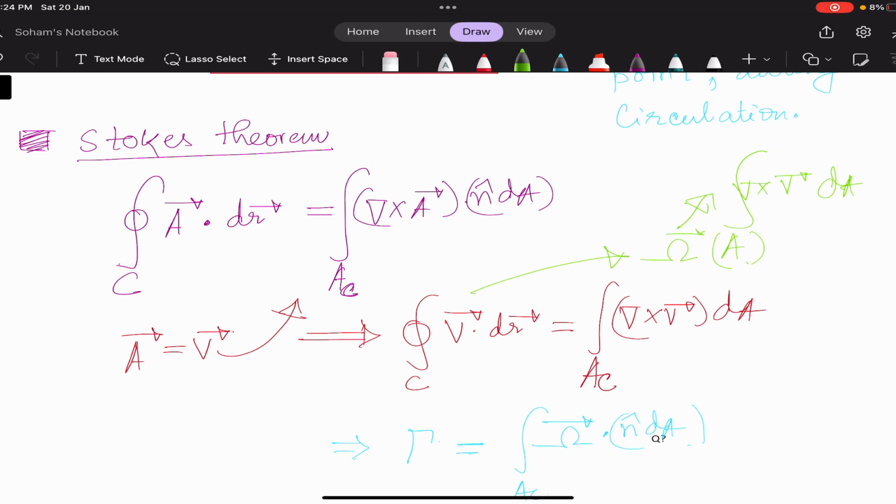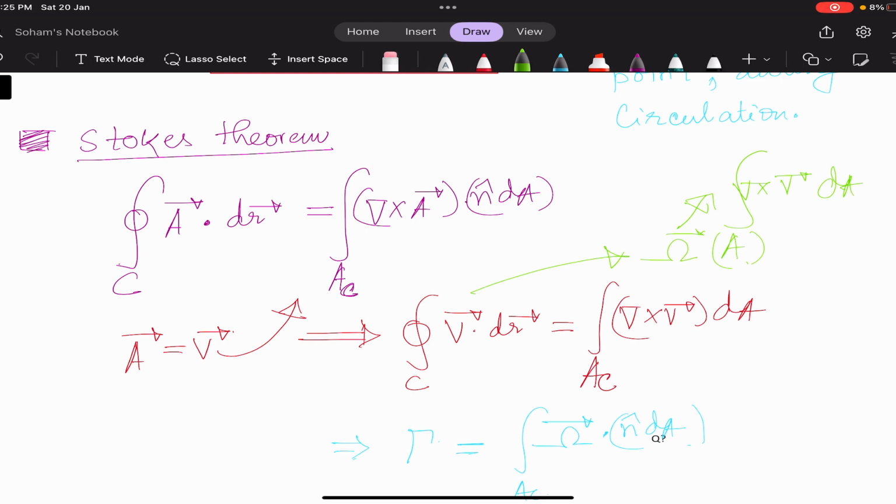I can recall the Stokes theorem itself, but when I appeared for GATE, it was hard for me to remember all the formulae of vector calculus. So I used these types of tricks, which come from fluid mechanics concepts.